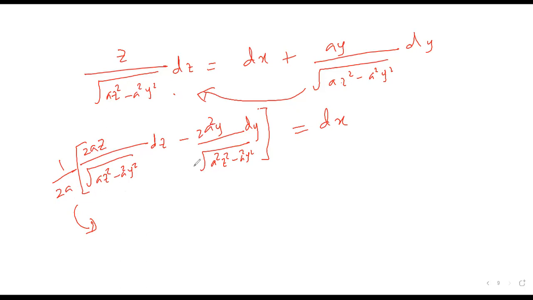Then you can see this is an integration of 1 over 2a times d of square root of a z squared minus a squared y squared. This will be dx. Can you check this one? Is that correct?